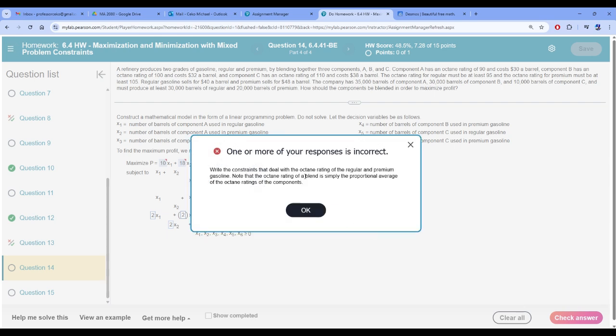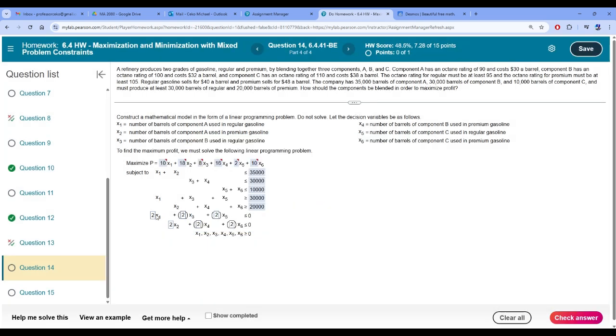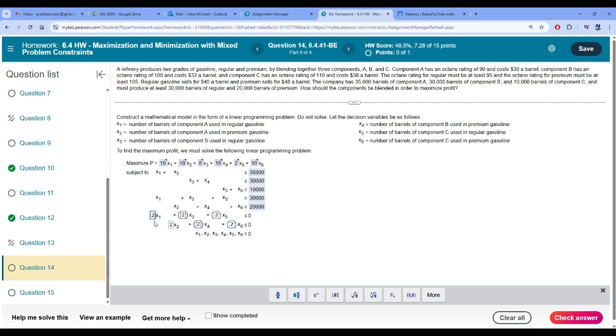Write the constraints that deal with the octane rating on the regular. Note that the octane rating of the blend is simply the proportional average of the two components. So proportional average should be, is that gonna be 95 divided by 90 plus 100 plus 110?